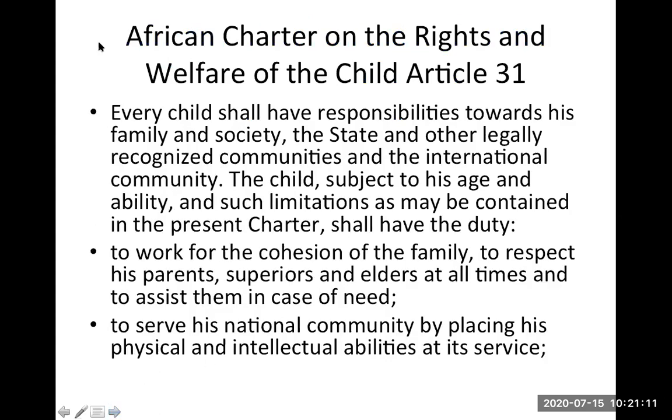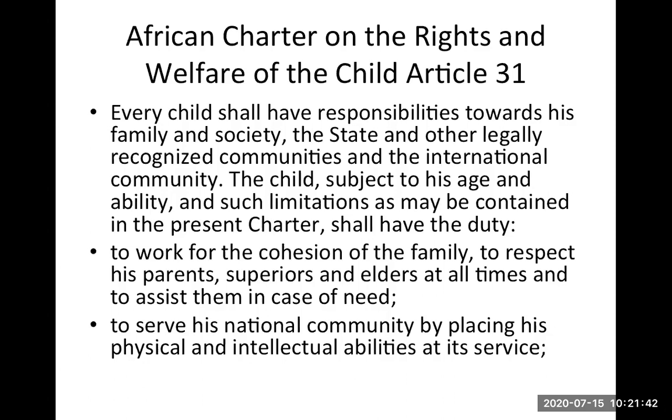You're also aware that the African Charter on the Rights and Welfare of the Child in Article 31 says that every child shall have responsibilities towards his family and society, towards the state and other legally recognized communities, and the international community, subject to his age and ability, and such limitations as may be contained in this charter.